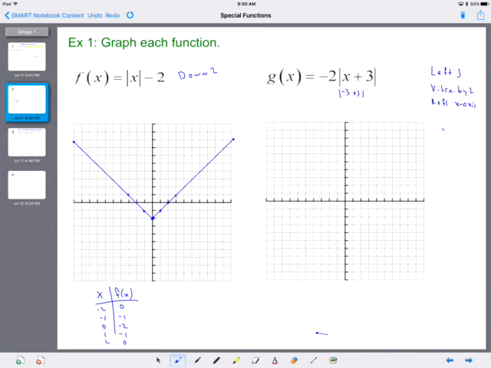So I would say x, g of x, but make negative 3 your middle point, and then you can pick some smaller values and some larger values. Once you plug those in, negative 5 plus 3 is negative 2. The absolute value of negative 2 is 2. 2 times negative 2 is negative 4. And this should be symmetric.